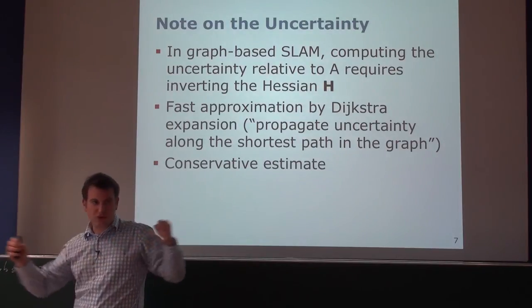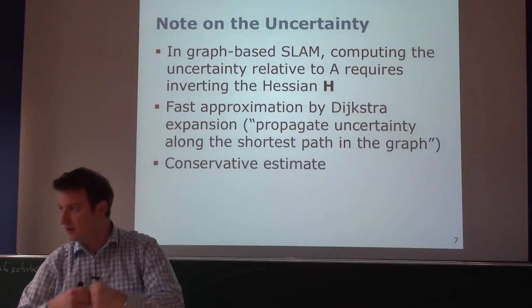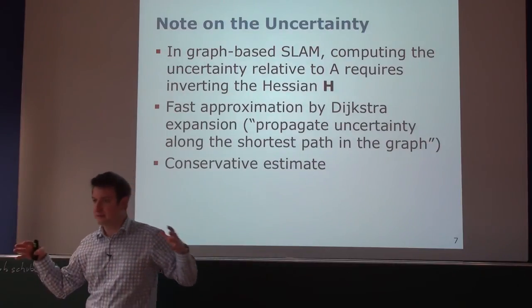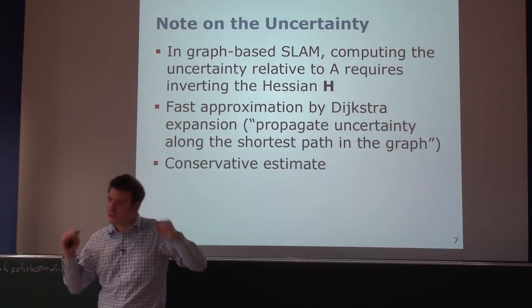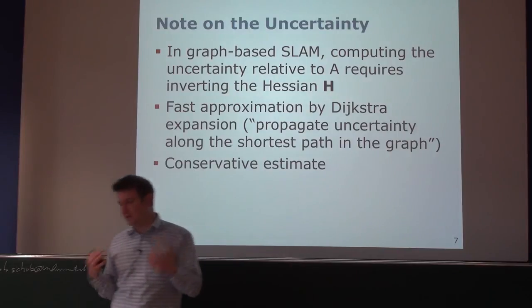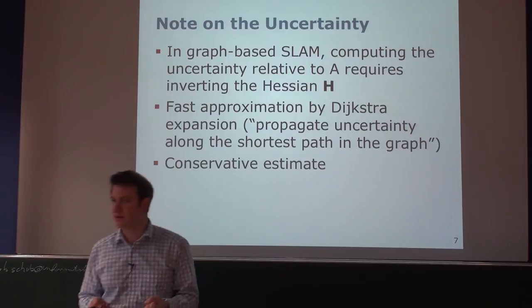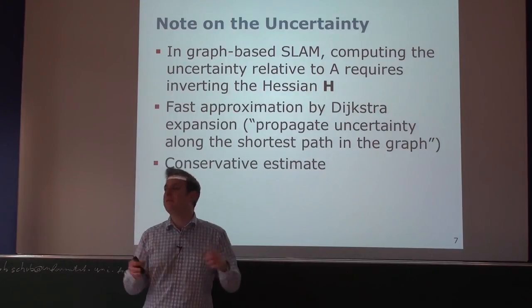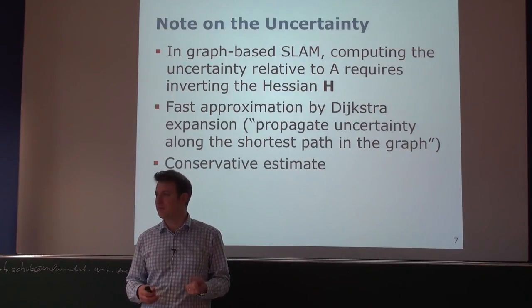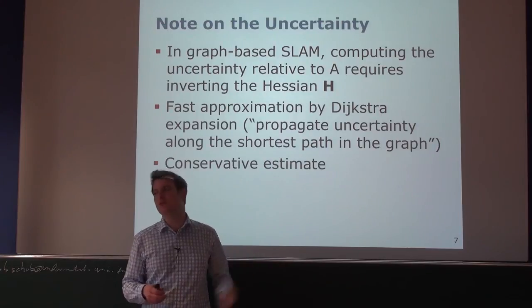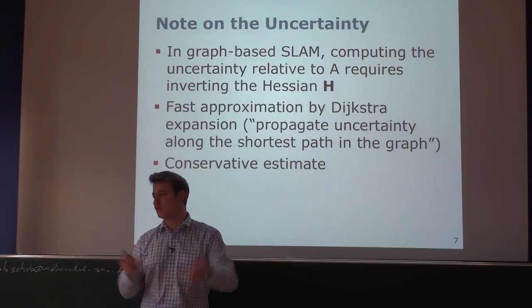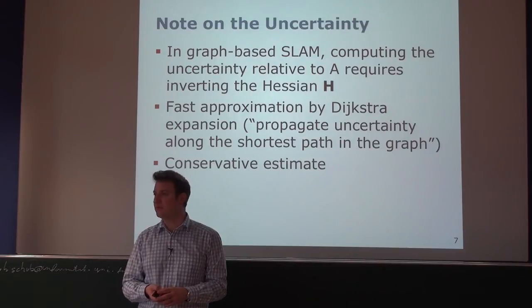What this does is ignore the loop closures, so the uncertainty estimates are too big. But I can compute this extremely efficiently. I may inspect a few places too much, but I should get all the places which I need to inspect in order to make sure I find loop closures with, say, 95% probability.